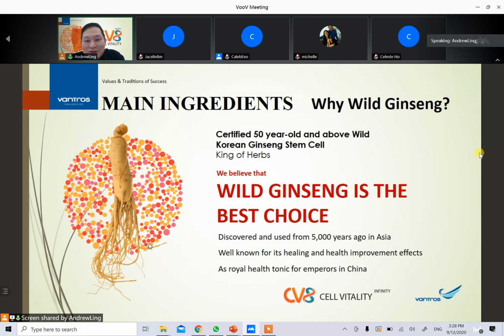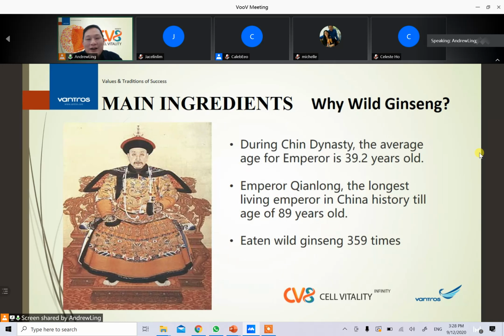Let me give you some simple examples of why wild ginseng CMC stem cell is chosen, as compared to others like Tongkat Ali and all those things. Here are some of the examples. During the Qing dynasty, the average age of an emperor was about 39 to 40 years old.